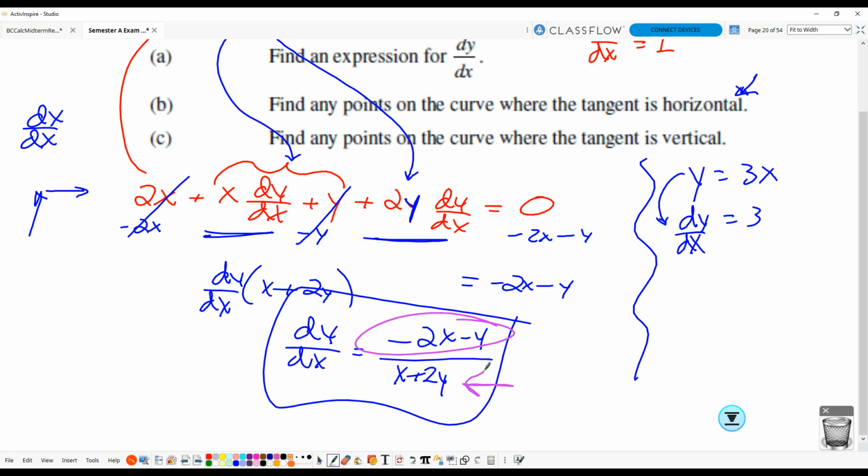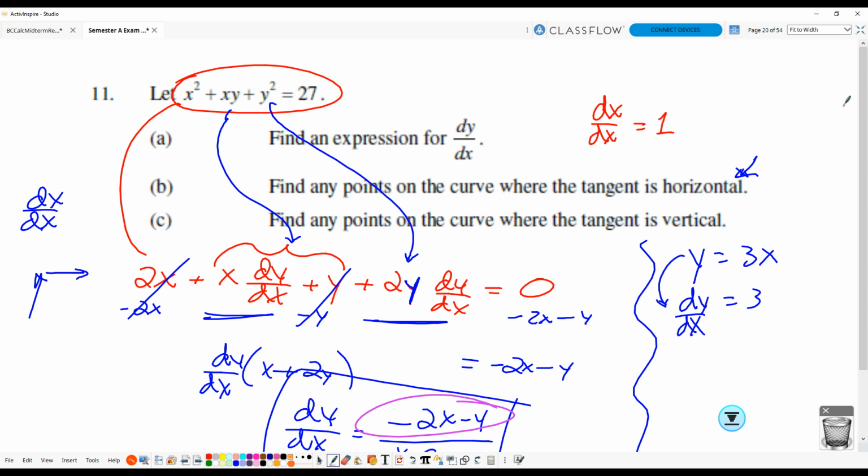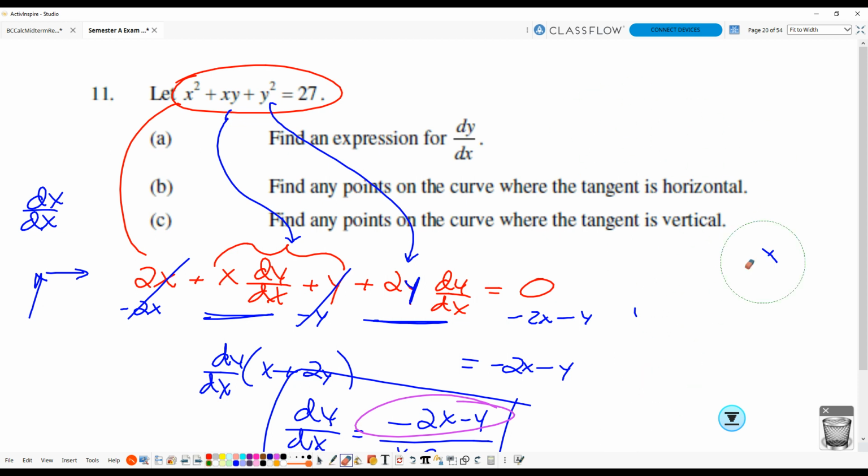Could we just say when negative 2x minus y equals 0, or are there more fancy steps you've got to do? Hold up, it's not that bad. Can you guys look up though? It's going to have a horizontal tangent when the top of that slope that we just calculated is 0, which is when y equals negative 2x.